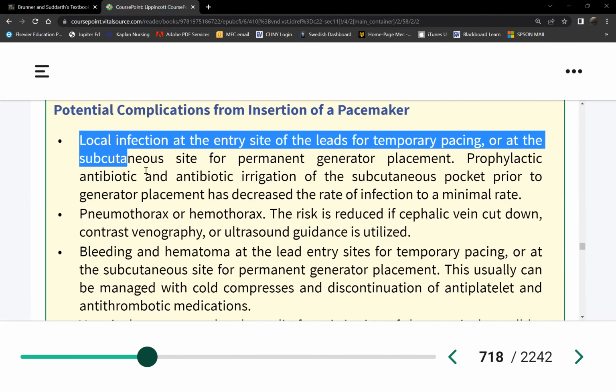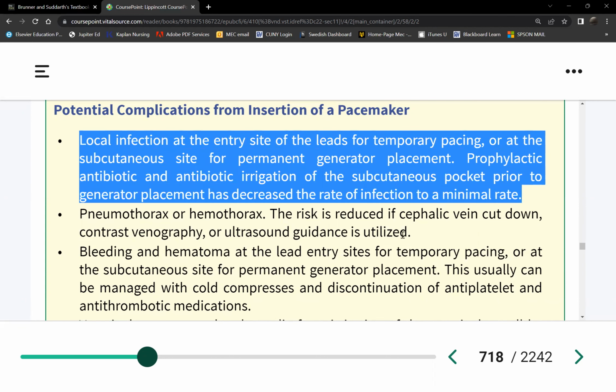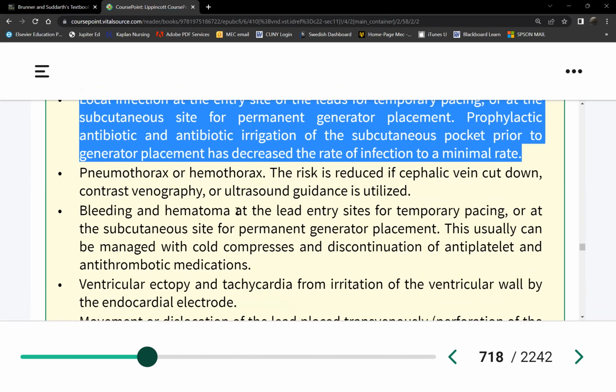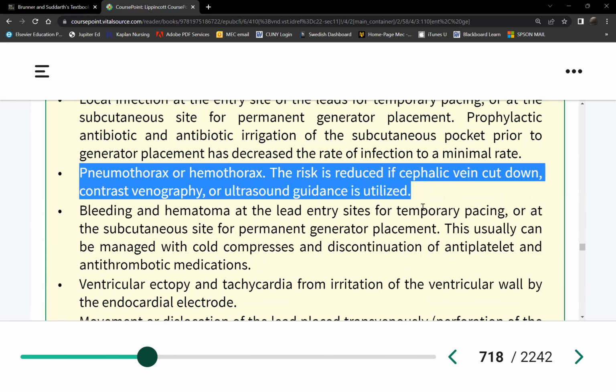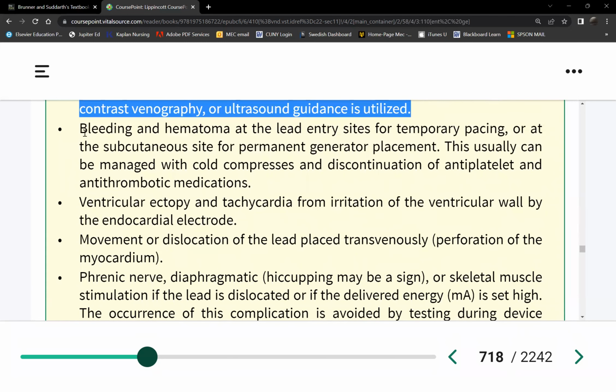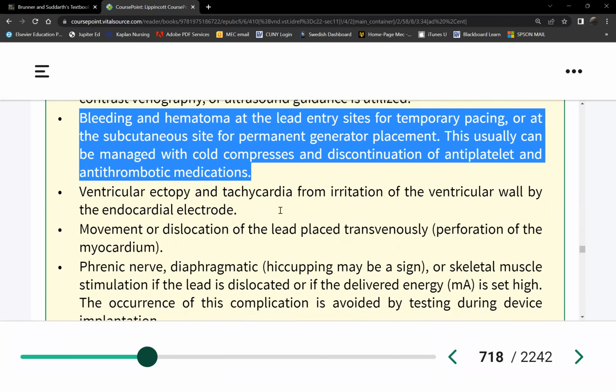So this complication here applies to newly inserted pacemakers. This one also newly inserted, okay? As the doctor may have sliced the skin a little too deep, and then they sliced into the pleural space, okay, and then caused pneumo or a hemothorax. Bleeding also right after insertion.